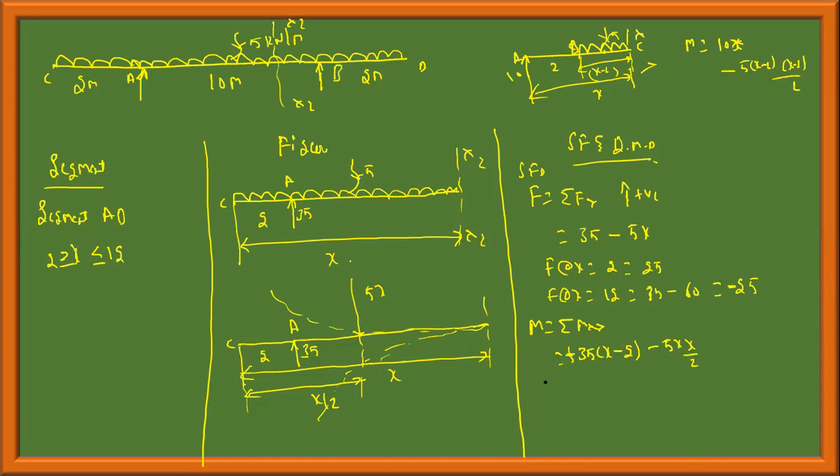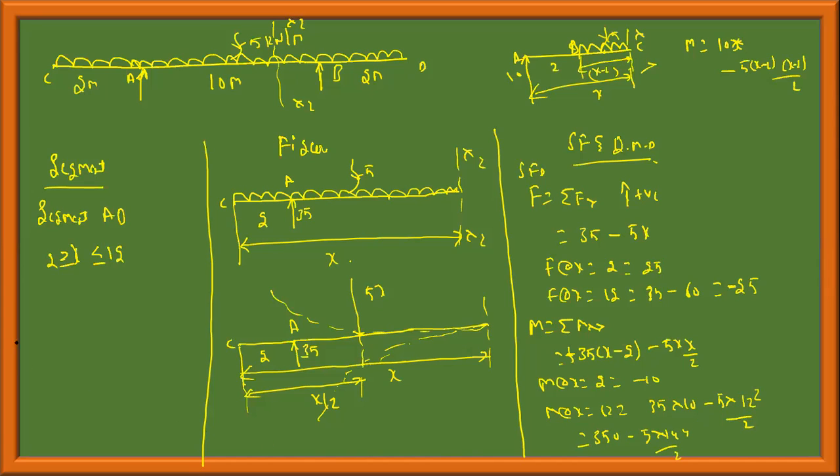Therefore, M at x is equal to 2, which is equal to 35 minus 10. M at x is equal to 12, which is equal to 35 into 10 minus 5 into 12 square by 2. Which is equal to 350 minus, 5 into 144 by 2.